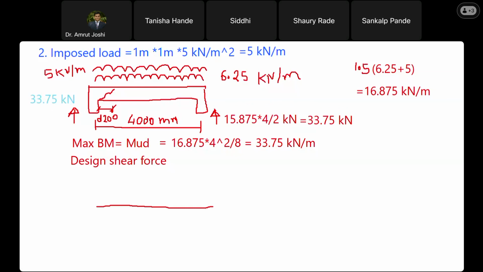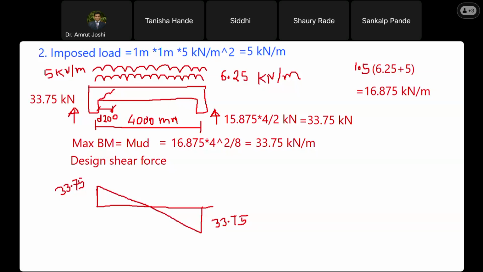How do we draw the shear force diagram? You know how to draw it. We rise by the reaction, then fall linearly, and on the other side rise by the reaction. How much is this? 33.75, isn't it? Yes, sir. And how much is this? 33.75.